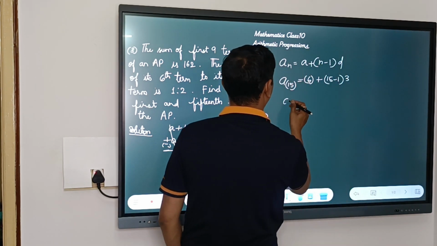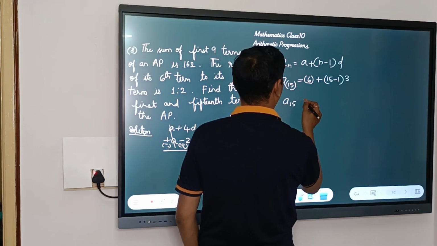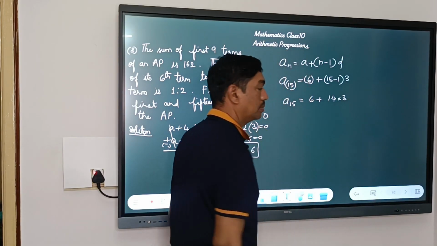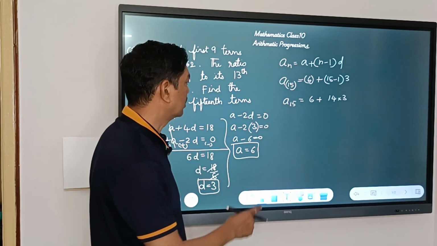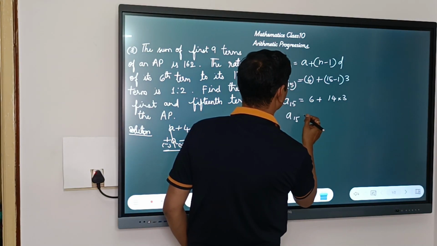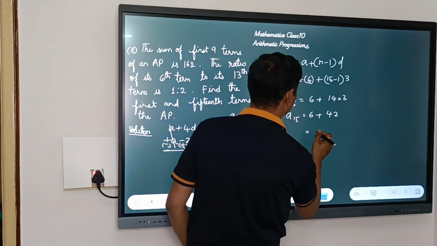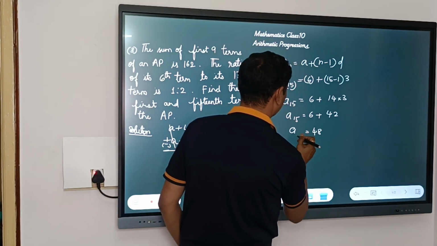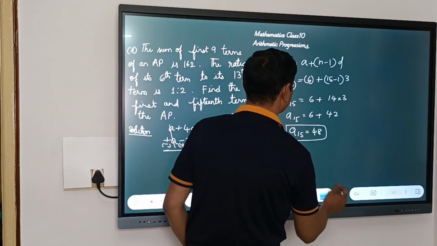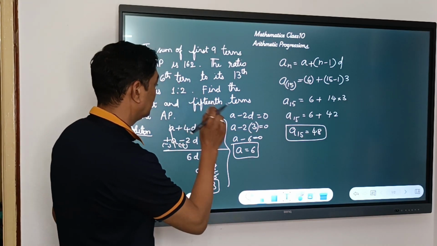So a15 is equal to 6 plus 14 into 3. First you have to multiply, don't add 6 and 14. According to BODMAS, you have to multiply. So a15 is equal to 6 plus, 14 times 3 is 42, so that is 48. The question asks to find the first term and the 15th term.